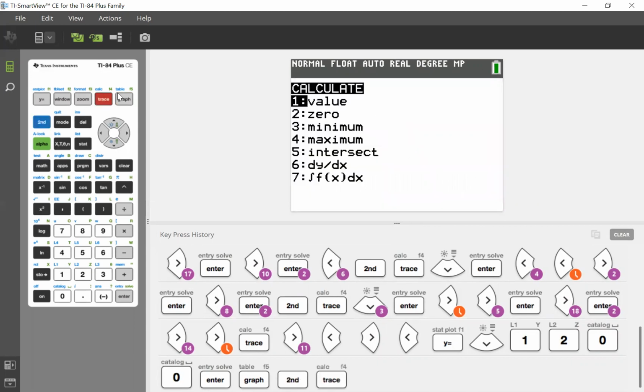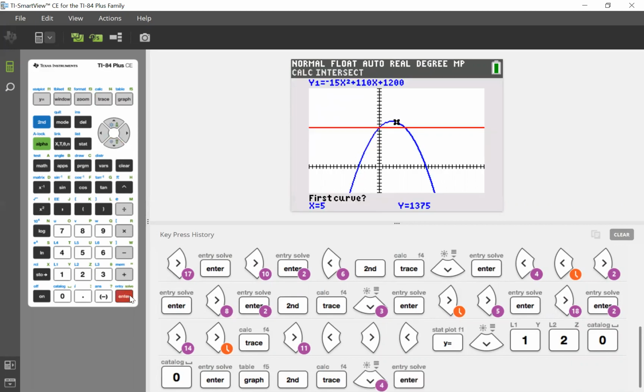I notice that second feature is just like a shift key. If I come down here and I want to find the intersection, your calculator is going to ask you what two curves. Now, a straight line is also a curve, okay? So just hit enter, first curve, second curve, hit enter. It doesn't matter which one you call the first or second. Then your calculator will give you a guess opportunity, and just hit enter one more time.